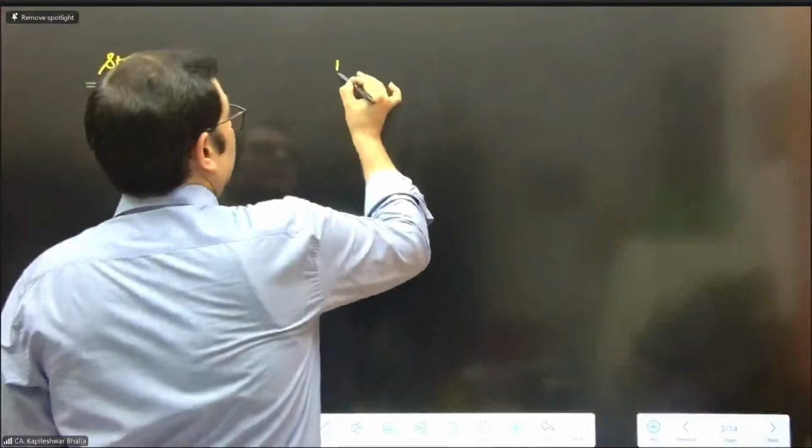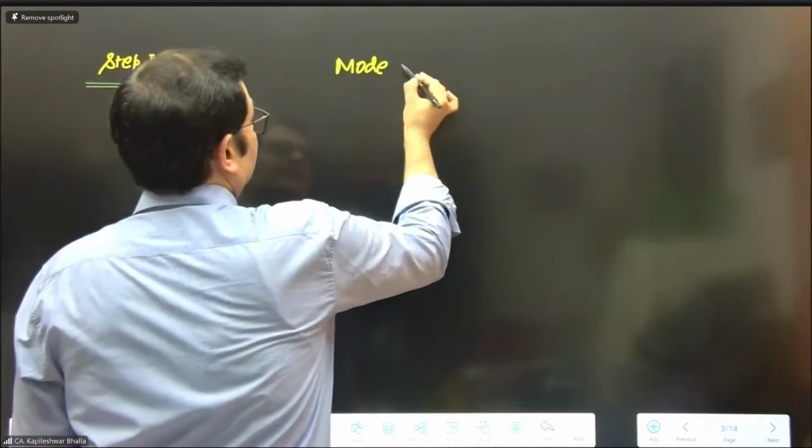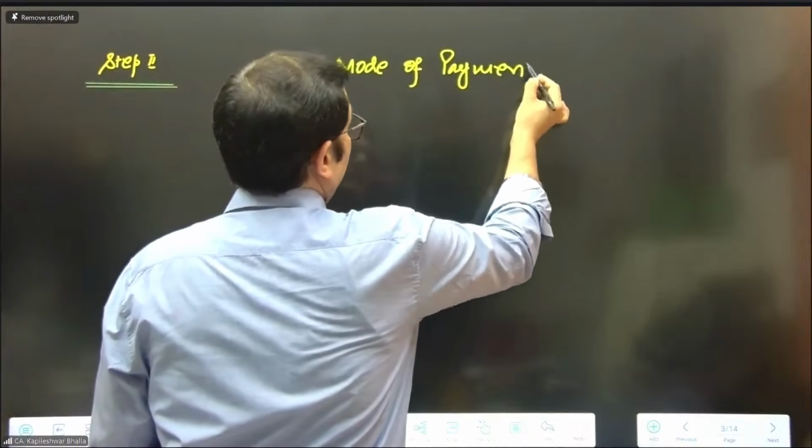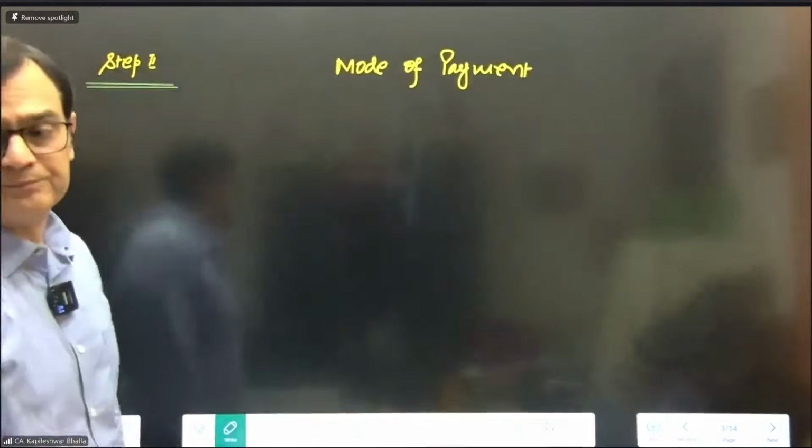And the most important thing you always need to keep in mind is the mode of payment. Once you establish there is a contractual obligation, the second focus is always the mode of payment, because how you are going to pay is the deciding factor whether it is presented as equity, liability or a CFI.